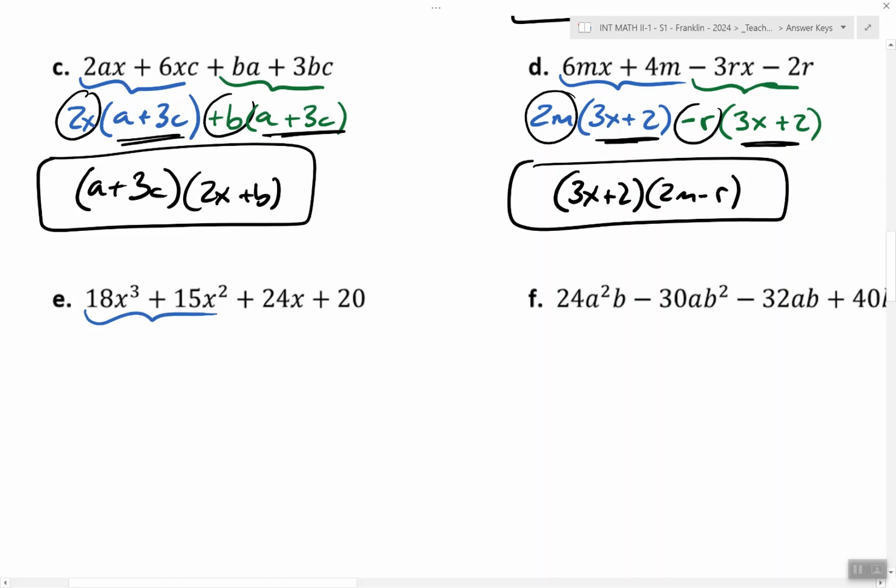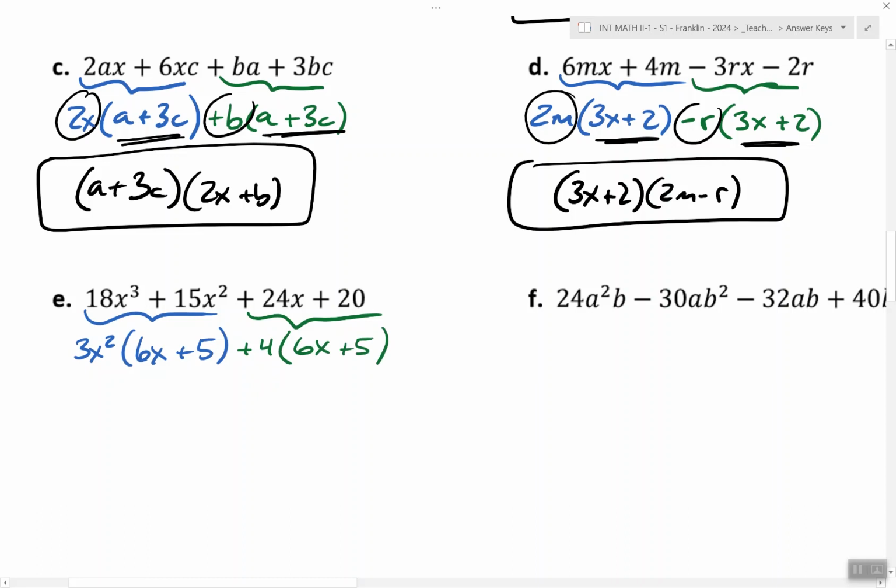So first two terms here, we can take out a 3x squared, leaving us with 6x plus 5. And then for the second set, we can take out a 2. Well, we can take out a 4. And that leaves 6x plus 5.